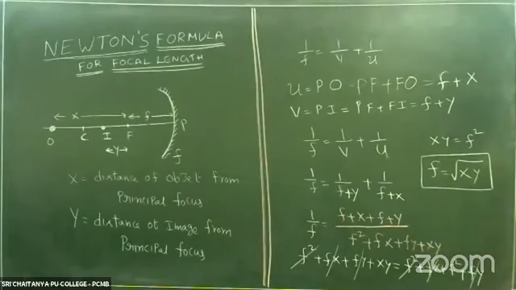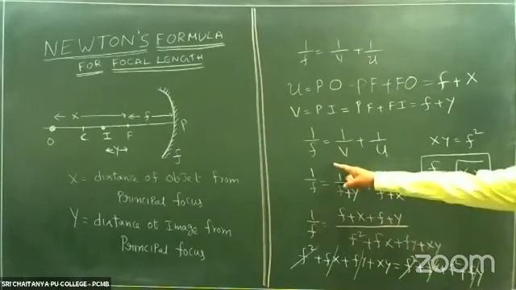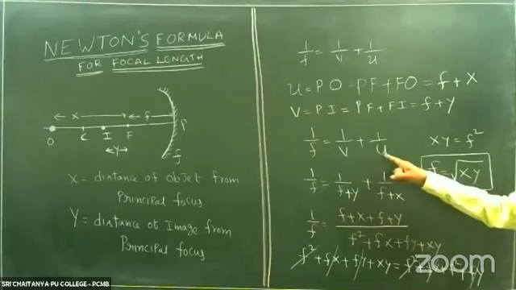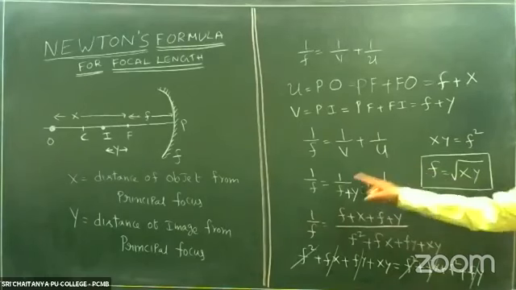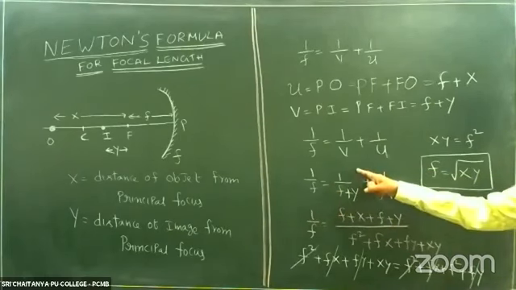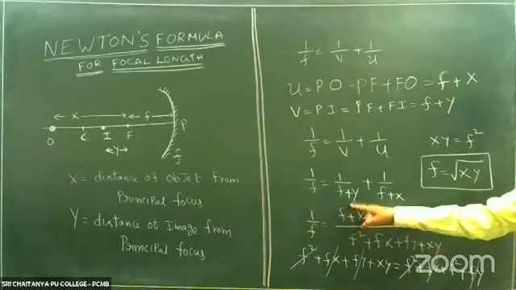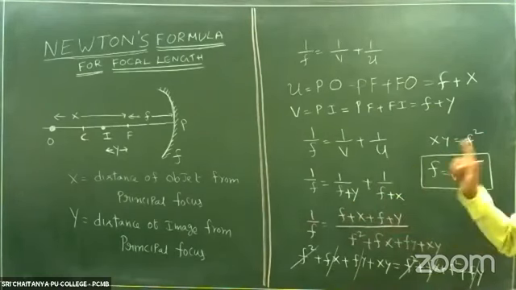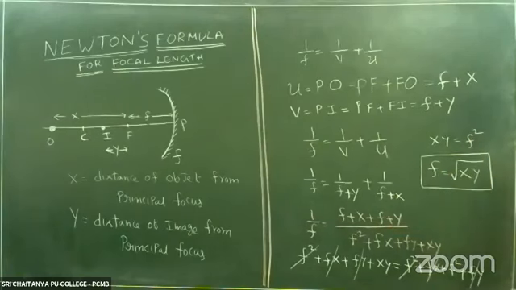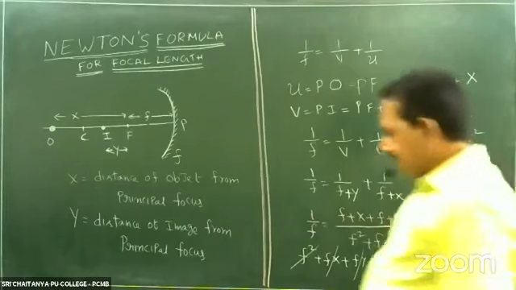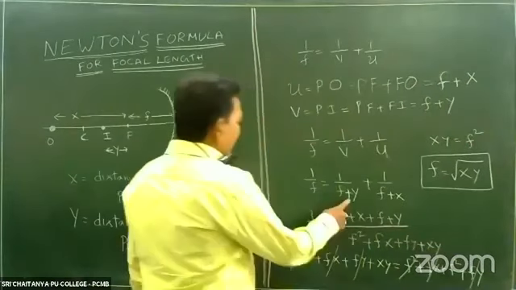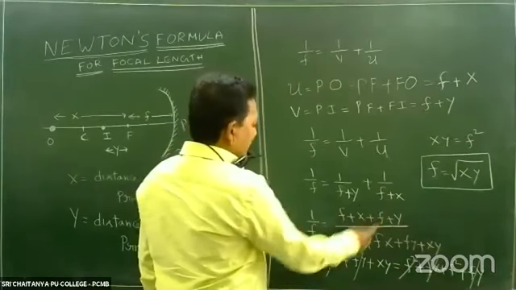Substitute in the mirror formula. 1 by f is equal to 1 by v plus 1 by u. 1 by f is equal to 1 by f plus y, plus 1 by f plus x. Take the LCM. The LCM is f plus y into f plus x.